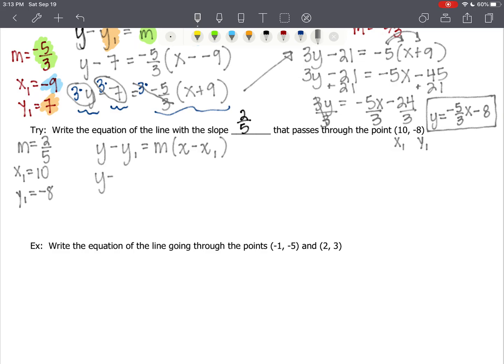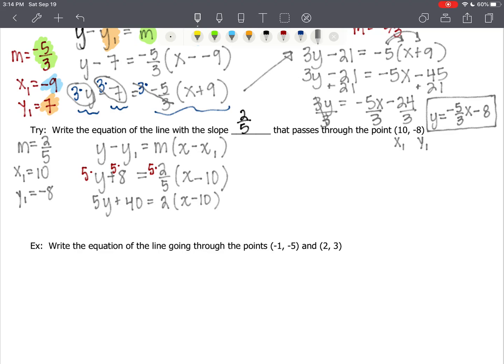I'm going to substitute -8 in for y1, so y minus a -8 is y plus 8 equals 2/5 times the quantity x minus 10. I'm going to multiply each term by 5 to clear the fraction, which gives me 5y plus 40 equals 2 times the quantity x minus 10.